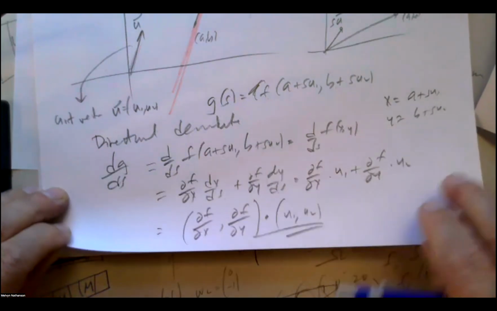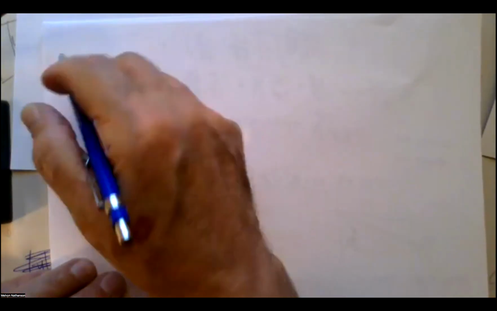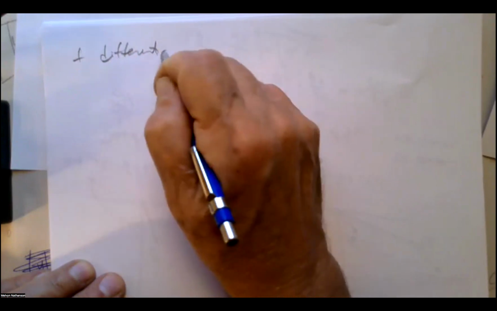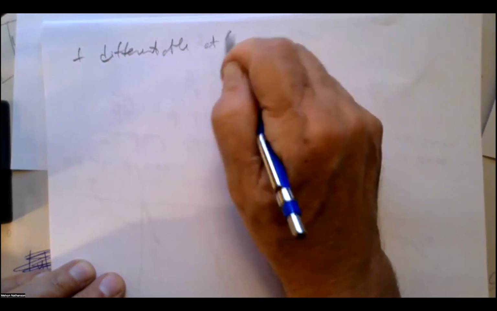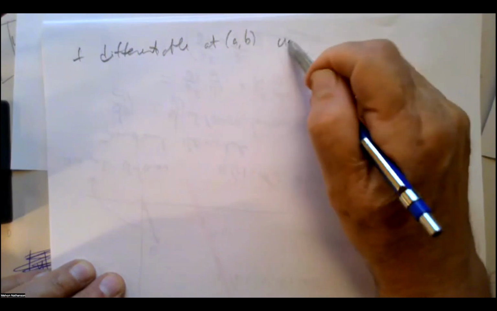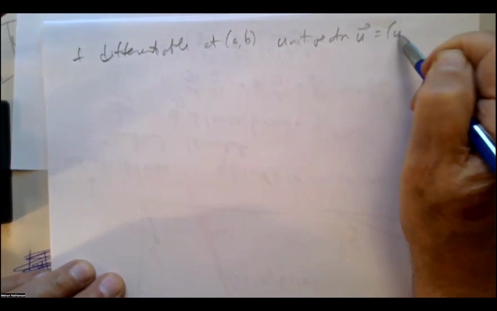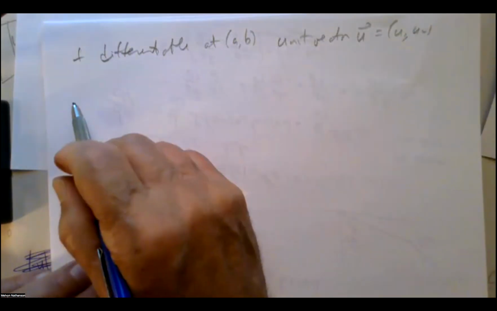So let me just copy that down again because I'm going to use it in a second. So I have f is a function differentiable at the point (a, b), and I have a unit vector u with coordinates u1, u2.